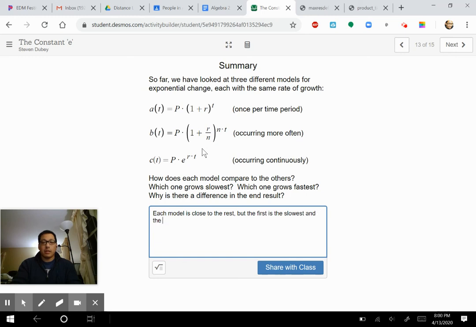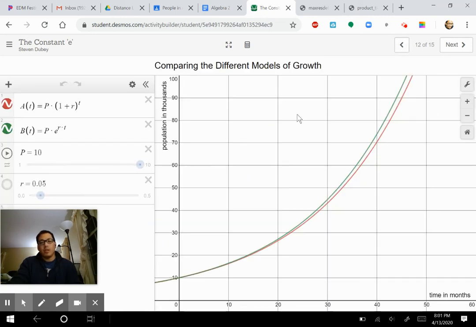And the last model with e is the fastest. It's not super fast. It just increases a little bit because of the compounding more and more often. You could even say this is instantaneous, continuous compounding. So it's not a huge amount, but it is a small increase.